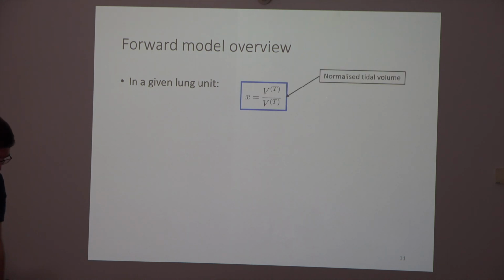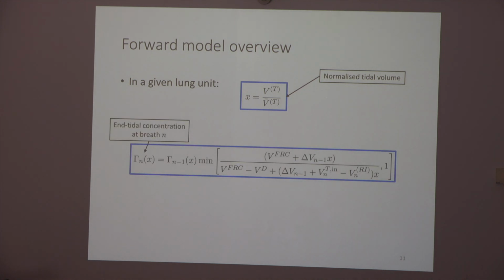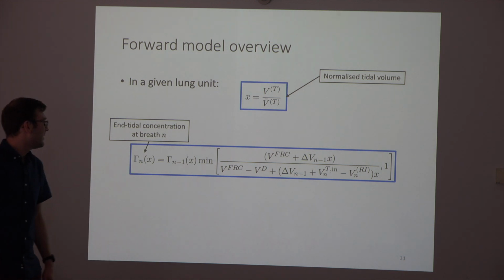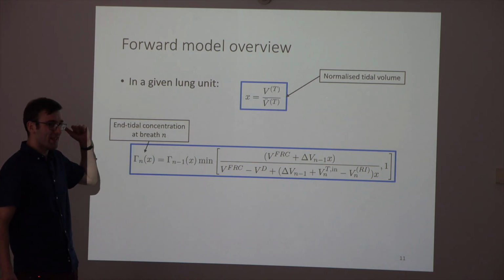So in a given lung unit, we define some parameter x, which is the tidal volume, or the amount of gas going to that unit, divided by the mean of what goes to each unit on average. If x is 1, then it's a perfectly average unit; x less than 1 means underventilated, and x more than 1 means ventilated more than the mean. The concentration, gamma, in each unit at the end of breath n is proportional to the concentration at the end of the last breath.